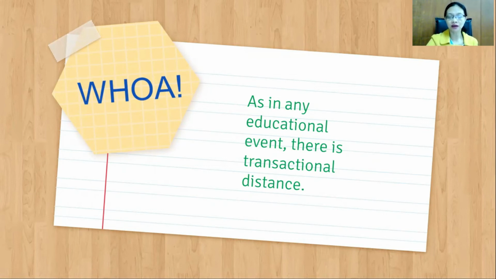Under this theory of transactional distance, Michael Moore explored the variables of teaching behaviors, particularly dialogue and structure, as they interplay with the dimension of learner autonomy. According to Moore, these teaching behaviors are greatly influenced by the educational philosophy of an educational organization as well as the teachers.